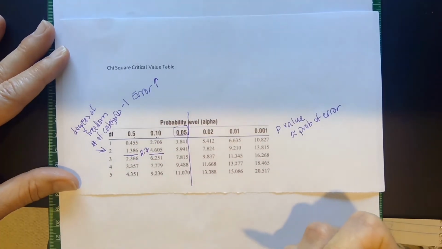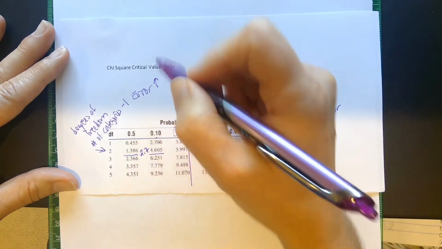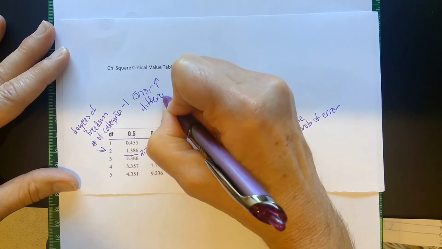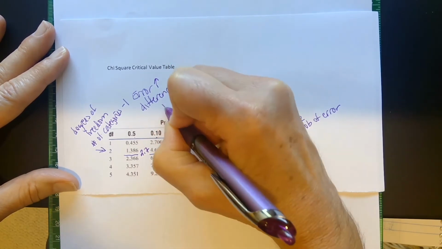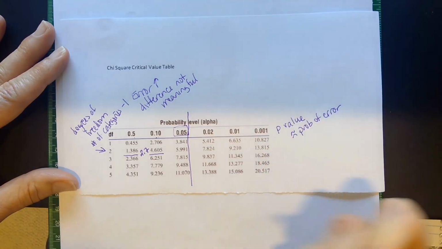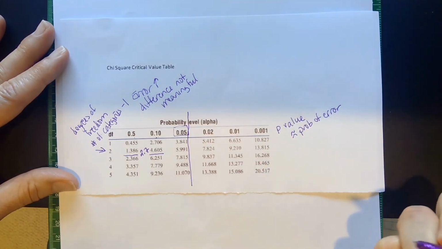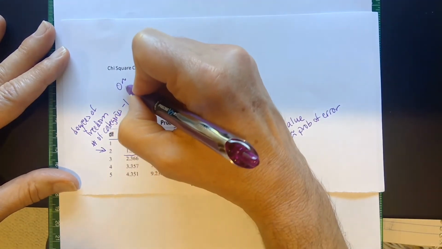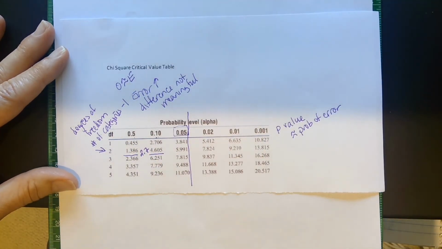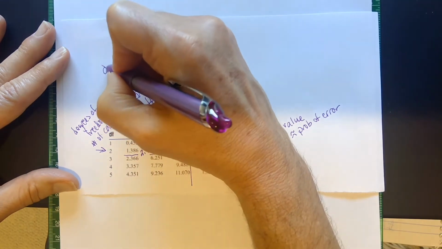The meaningfulness is low, and so the difference is not meaningful. And this basically says that the two data sets are essentially equivalent. So your observed value essentially matches your expected value, and any difference between them is due to chance.